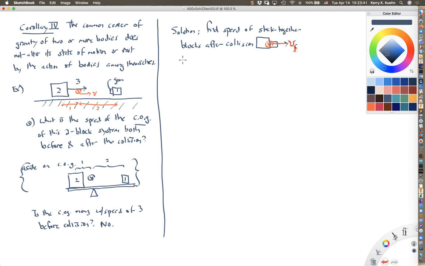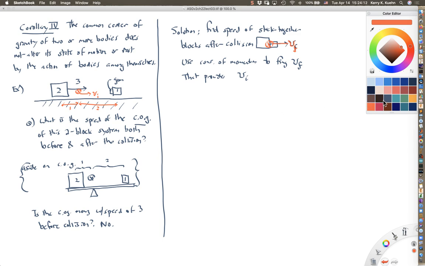So we can use conservation of momentum, corollary 3, to find the final velocity, and that provides the initial velocity of the center of gravity, because it cannot suffer a change due to this collision.